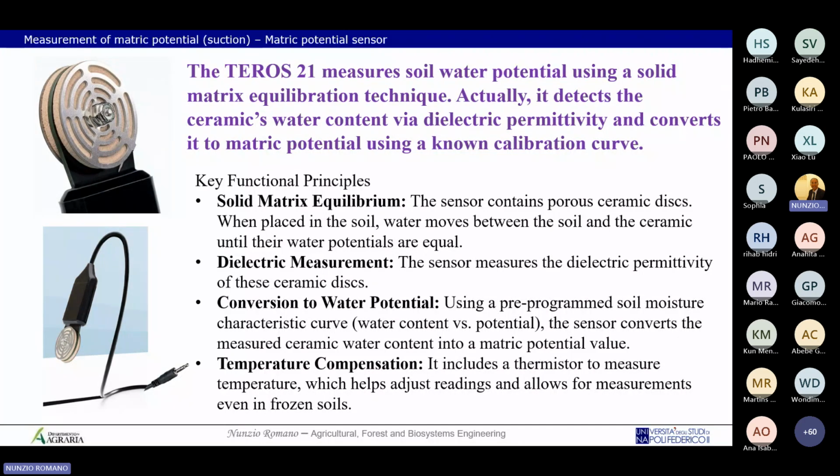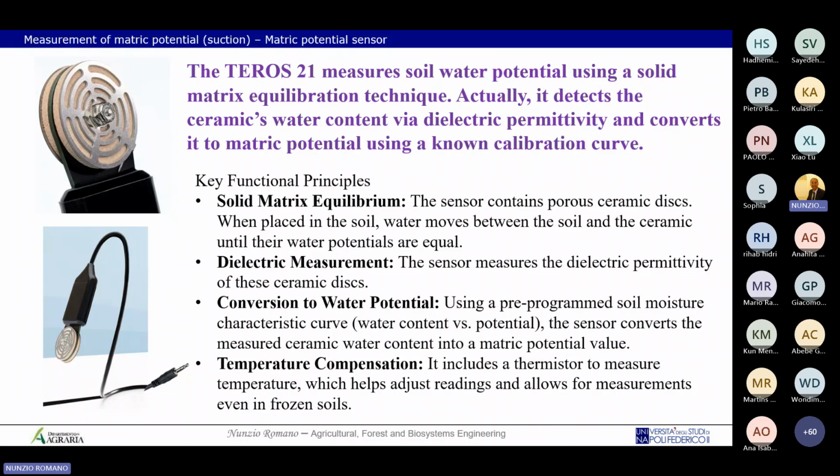Again, this is a ceramic, so it depends on the material and depends on the porosity of these materials. And so this means that the factory warns you that the measurement.